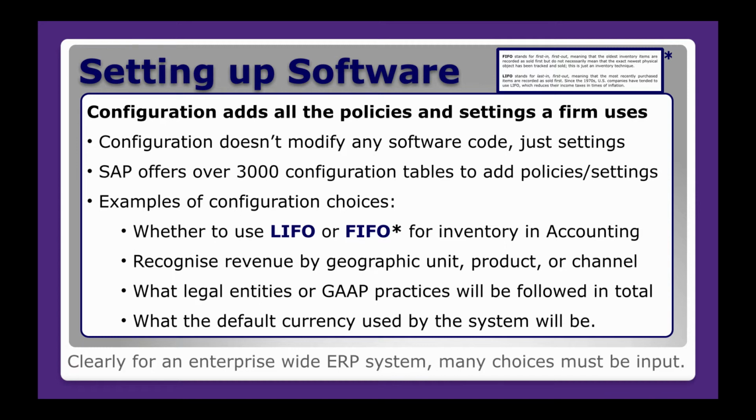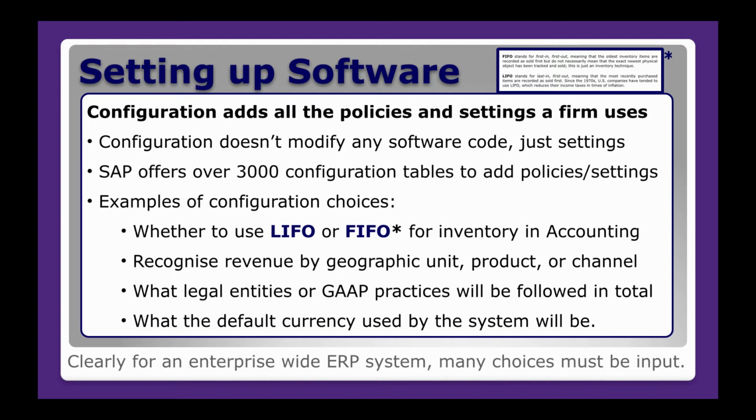SAP offers over 3,000 configuration tables to add policies and settings. What you might be looking at at that point is whether to use last in first out or first in first out for new inventory in accounting.